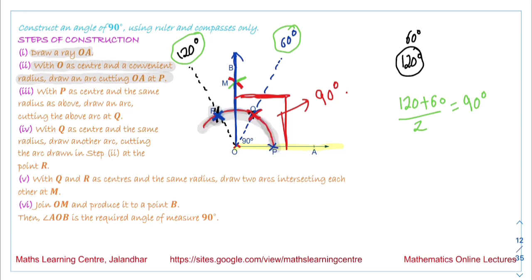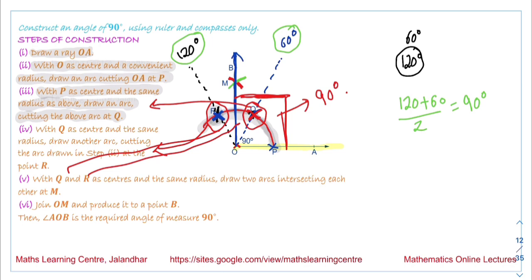Then with P as the center and the same radius as above, we draw an arc cutting the above arc at point Q. Next, we mark this point Q and this point R. Then with Q and R as centers and the same radius, we draw two arcs intersecting each other at M. Then we join O and M, and we get this angle as 90 degree measure.